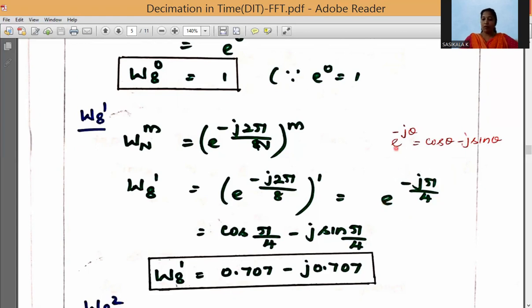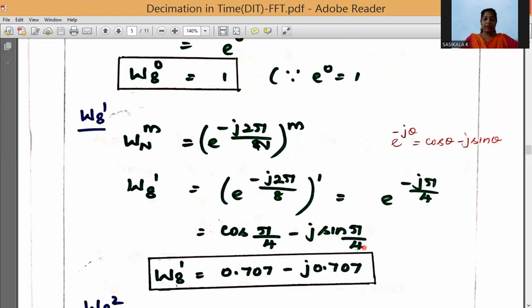We know the formula e power minus j theta is equal to cos theta minus j sin theta. Here in our problem, the theta value is pi by 4. Wherever you have theta, you have to substitute pi by 4. So instead of e power minus j pi by 4, I have cos pi by 4 minus j sin pi by 4.